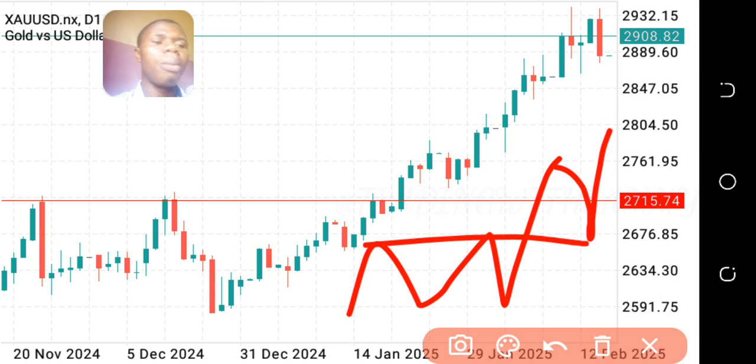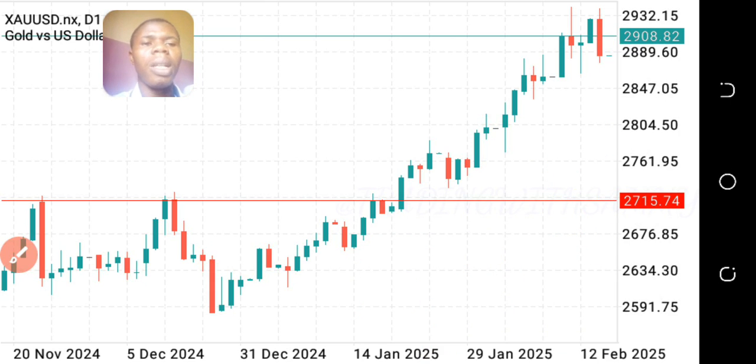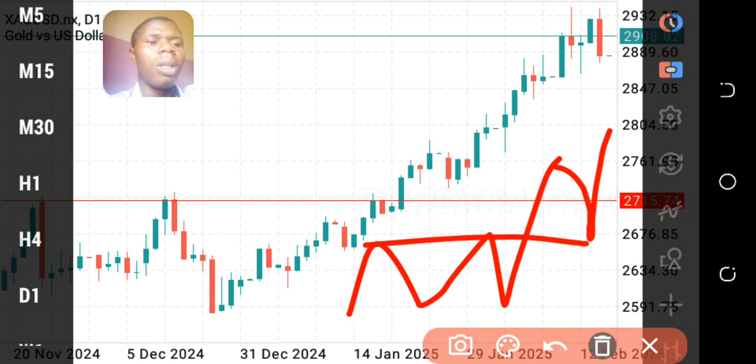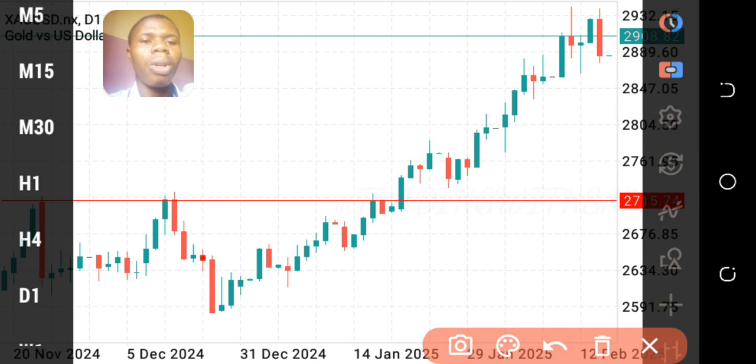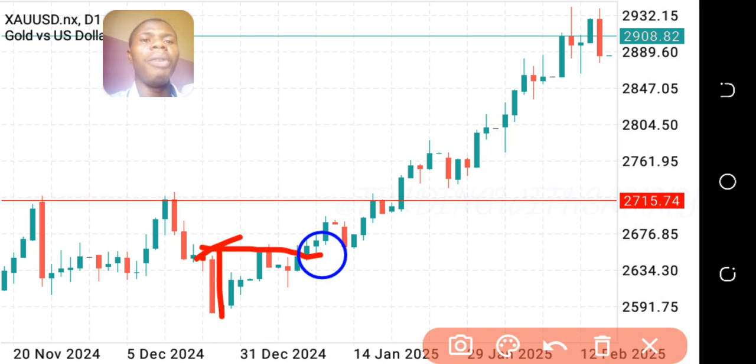Now I talked about something. I said the first thing you will notice in a change of character is the first order block that led to the move down. Let me use this one. This was the order block that led to the move down, and it is going to be used as a support level to take price to the upside. Okay, that's the first ticket that I want you to notice.